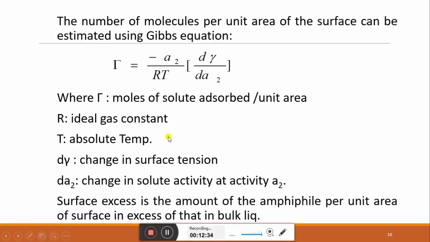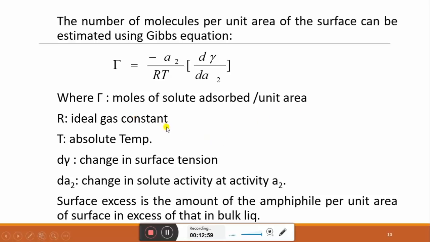If we consider the equation, gamma is equal to minus A2 divided by RT, d gamma by dA2. This is called the Gibbs equation, and it can be used for determination of surface excess and change in surface tension. Gamma is the moles of solute absorbed per unit area of surface or interface.